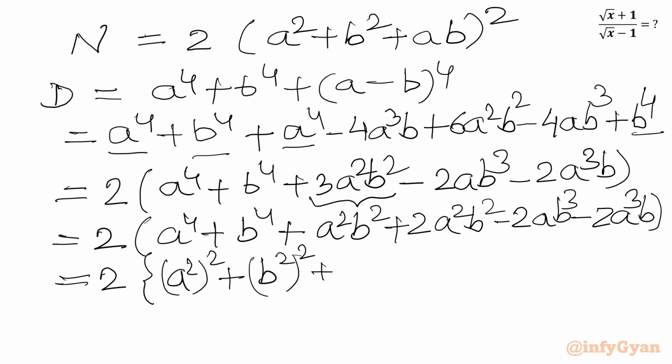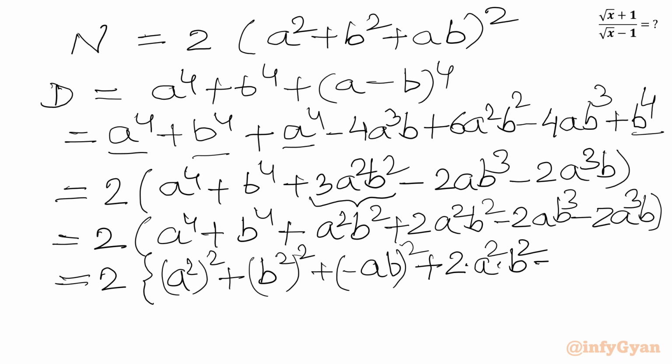a square b square we can write minus ab whole square, which will give us plus a square b square. Then we will write 2ab terms. So 2 times a square times b square, which is 2a square b square.